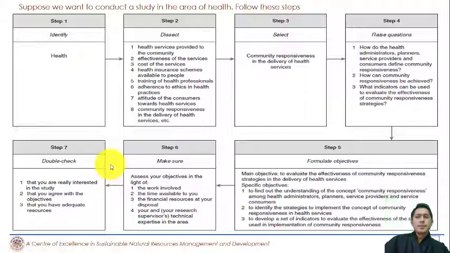The last example is, let's say you want to work on health, then again dissect. So at last we select community responsiveness in delivery of health services as our topic. Raise questions, formulate objectives, again make sure, then again double check. That's it with how to formulate research problems.